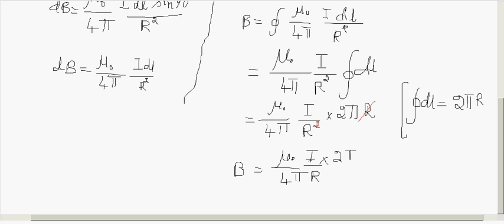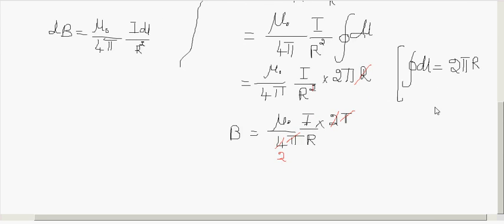Again we can cancel pi, and 2 and 2. So finally we get B is mu naught I by 2R.